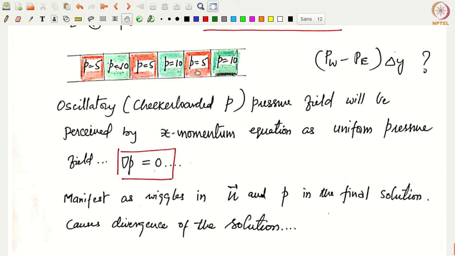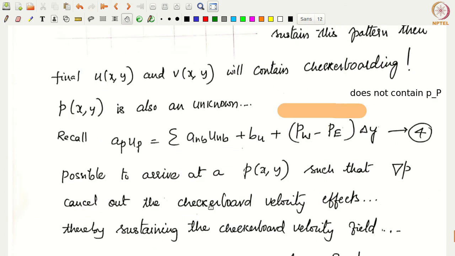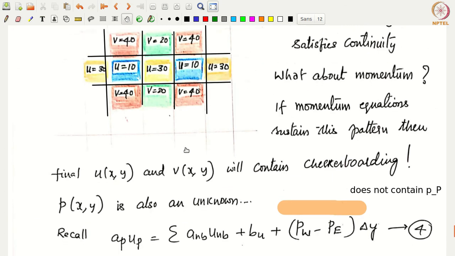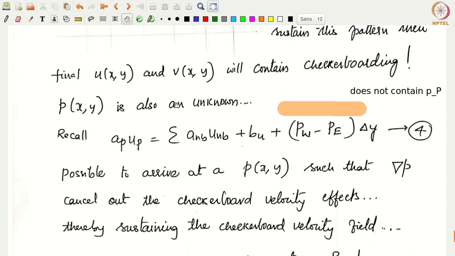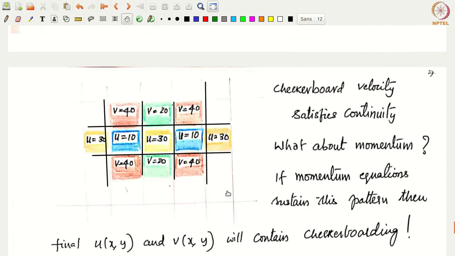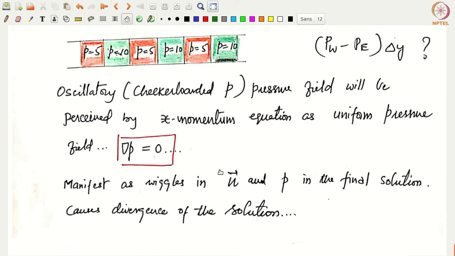Now there could be some other pressure field which might cancel out the effects created by a checkerboarded velocity field, which might basically help sustain this checkerboarded velocity field through the momentum equation as well as, of course, through the continuity equations. As a result, there might be some wiggles that might start showing up. These are the wiggles in the pressure and the velocities, which would eventually cause divergence in the solution, this kind of an oscillatory behavior. And that is exactly what happens when you try to solve the incompressible fluid flow equations when you store all the velocities and pressures at the cell centroids.